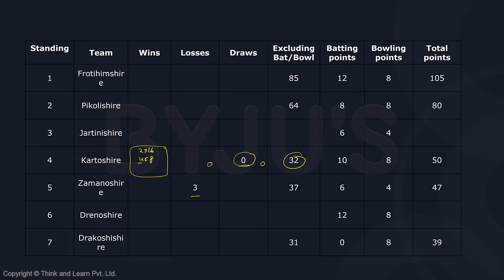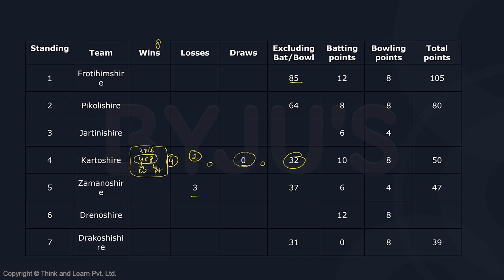4 into 8. If this is the case, this must be the number of wins, and this is the number of points. So if there are 8 points for a win, then this will be 4 wins and 2 losses, so 4 plus 2 equals 6. Now look at 85.